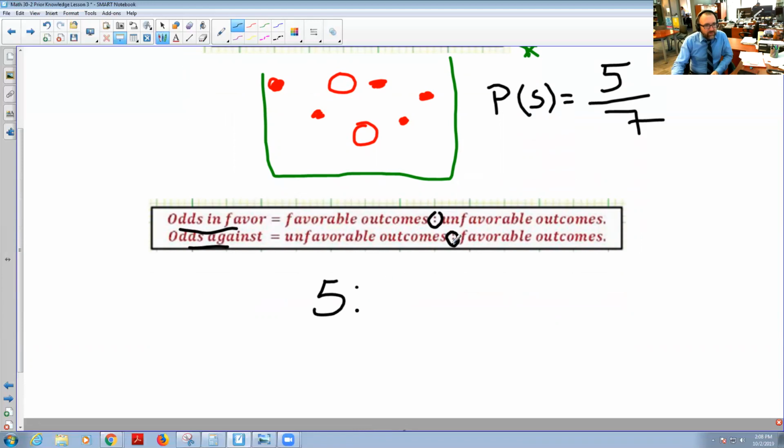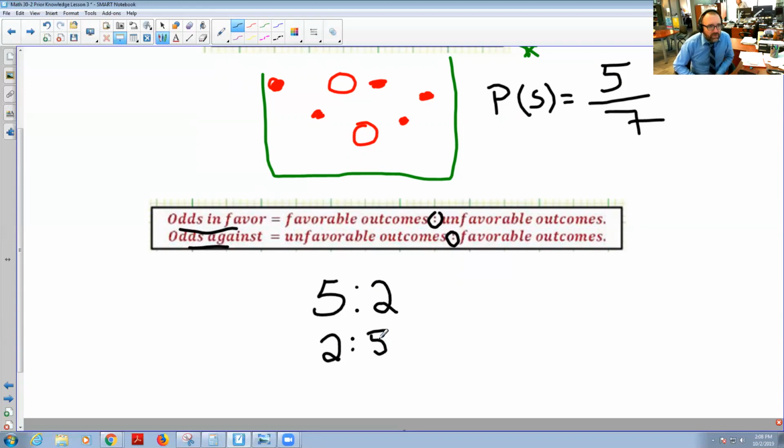Now, unfavorable outcomes would be 2. Do you see the relationship related to the fraction we just dealt with? How about odds against? Odds against is always the opposite of that. So odds against of getting shaded would be 2 to 5, because favorable outcomes would be the 5 part.